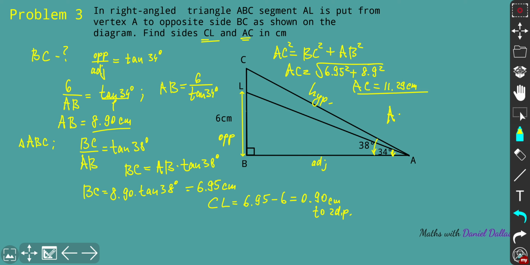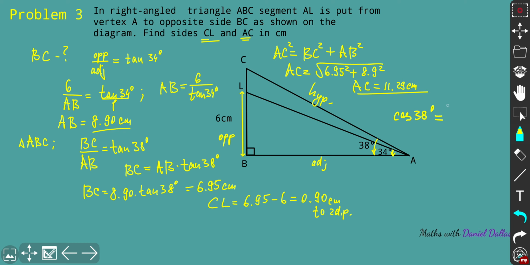So let's see, for example, AC can be expressed through the cos rule. Let's first express cos by definition, in the big triangle. So cos 38 degrees, by definition, is adjacent side over hypotenuse, right?